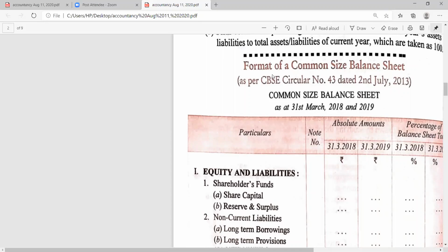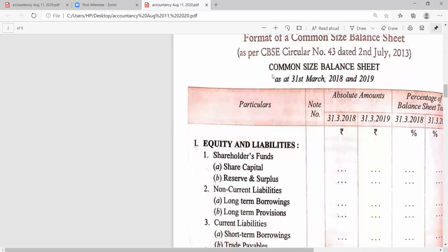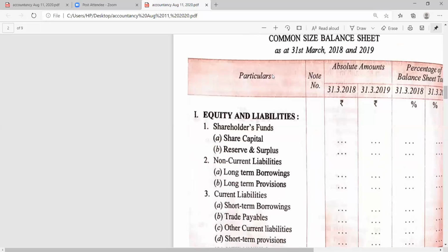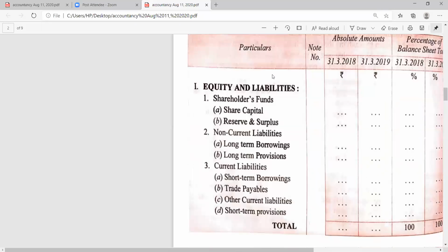Please repeat your answer once again, confidently. In the common size balance sheet, the total of equity and liabilities is the base, whereas in the comparative statement, a common base is not considered, while the difference of 2 years data is to be considered. Okay, beta.